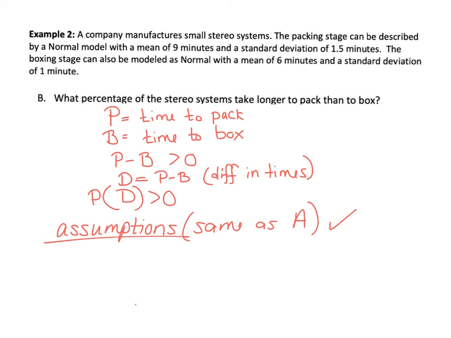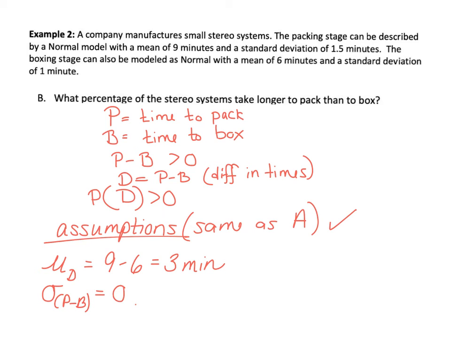Now, what is my new mu? The mu of my difference would be 9 minus 6, which is 3 minutes, the difference of my expected times. And my standard deviation of P minus B. Why did I write it this way?